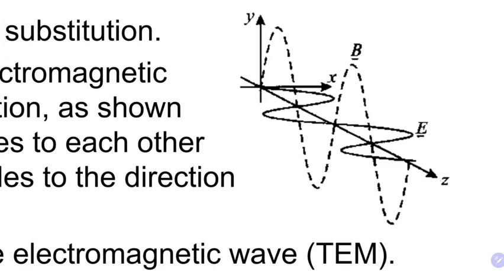And they are always perpendicular to each other. So the electric field, the magnetic flux density, and the direction of propagation are always perpendicular to each other. You can see the direction of propagation in the z direction, the electric field in the x direction, and then the magnetic flux density in the y direction.